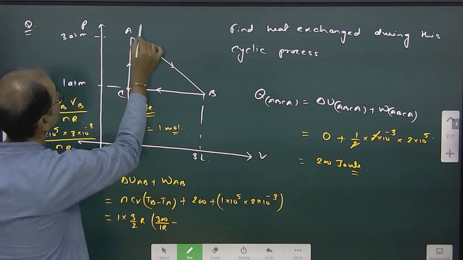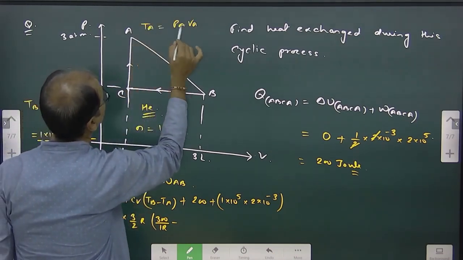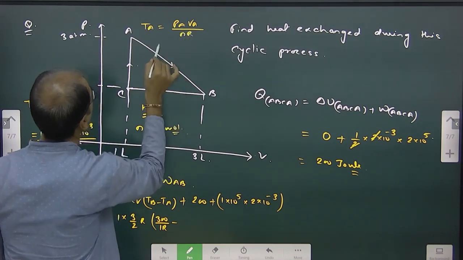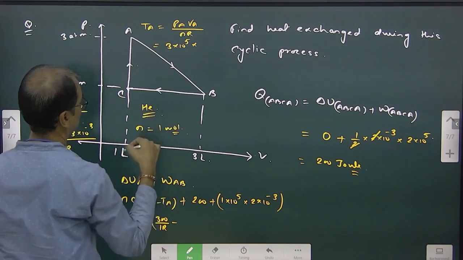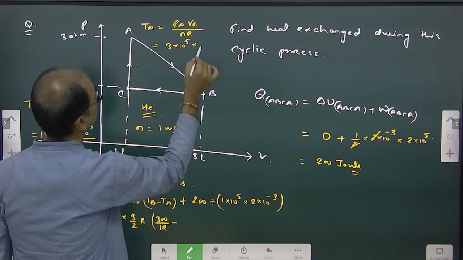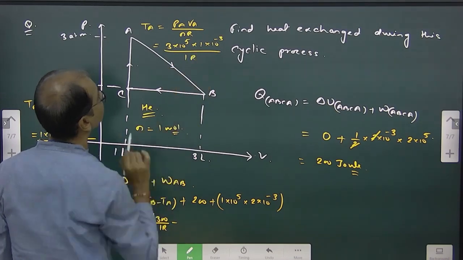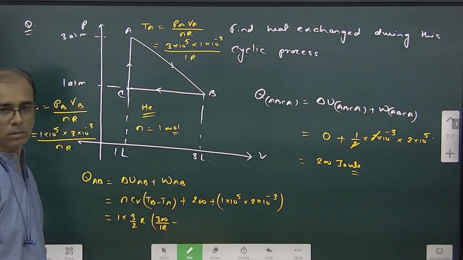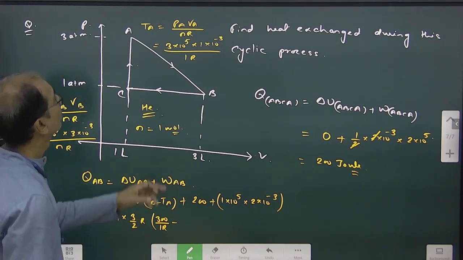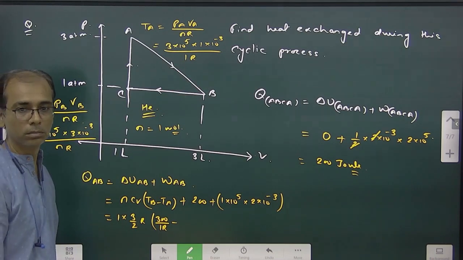T A is P A V A by nR. What is P A? 3 atmospheric, 3 into 10 to the power 5. V A is 1 liter, 1 into 10 to the power minus 3, by 1R. Okay, what's coming? 300. 300 by 1R.